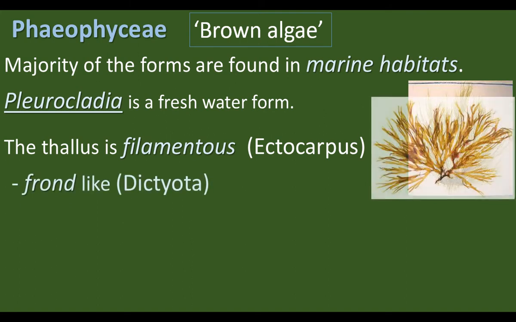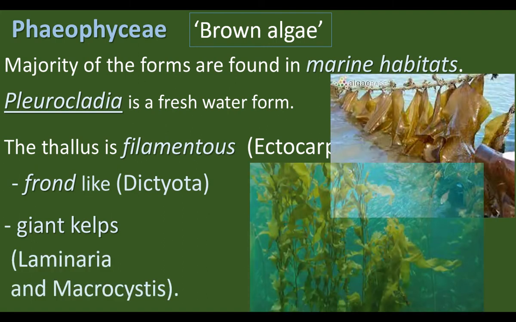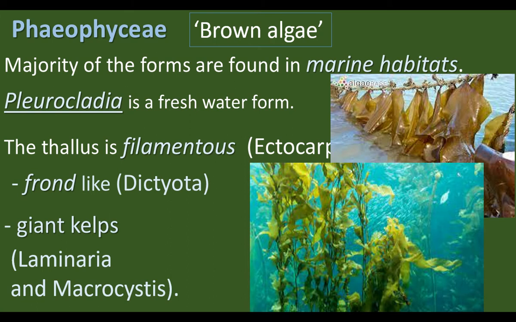The thallus is frond-like in Dictyota. The thallus looks like compound leaves. Giant kelps are larger forms, for example, Laminaria and Macrocystis. They are larger forms.